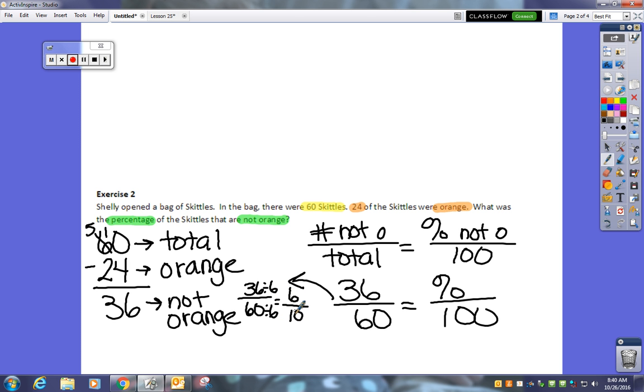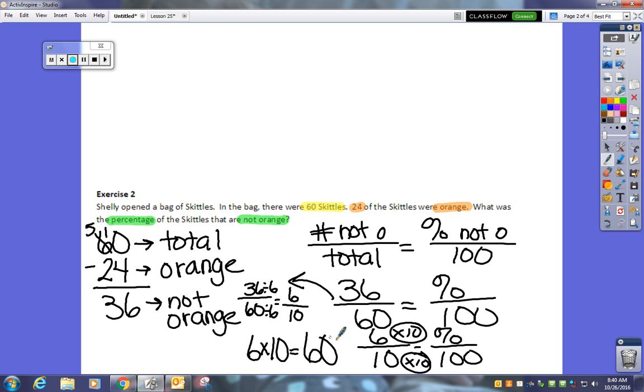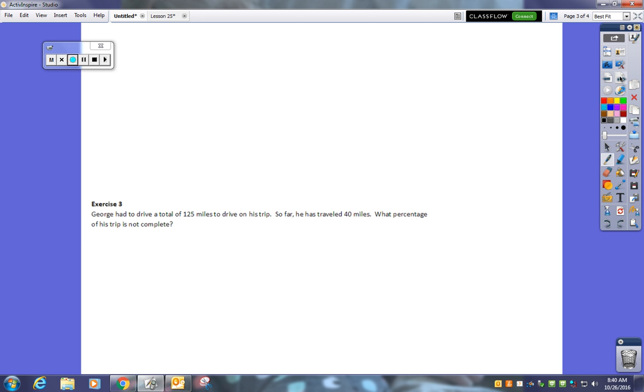Now I could continue to simplify this down to 3/5 and use that, but since I know 10 goes into 100, I can just use it as 6 over 10. Either one will still give you the same answer. 10 times 10 gives us 100, so 6 times 10 will give us our answer of 60% not orange. Let's look at the next exercise.